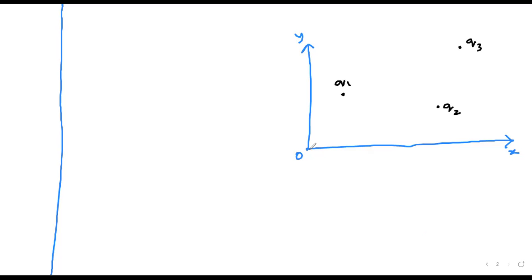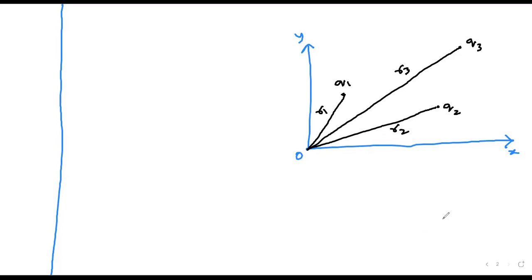With respect to the origin, here I am having distances. That is, this charged particle can distribute its charge to a distance of r1, the second particle can distribute its charge to a distance of r2, and similarly the third charge can distribute its charge through a distance r3.